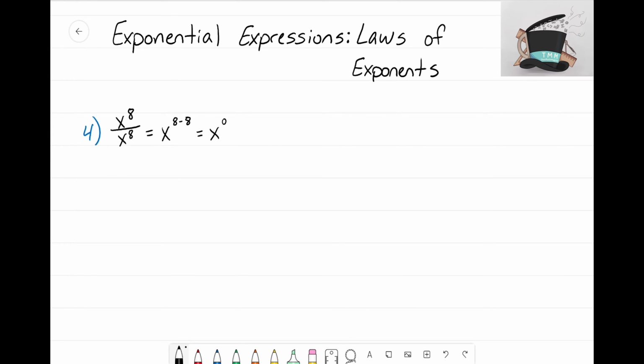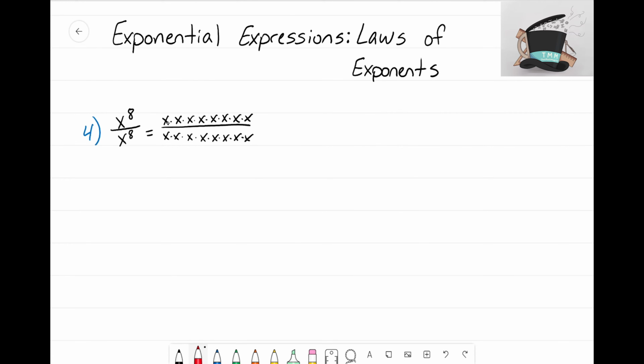So instead of just using this law to subtract the exponents, I think it might be beneficial if we look at the expanded form and what it reduces to. I'm going to write out my 8 x's over the other 8 x's, and now that we've expanded it, we're going to start to simplify it.